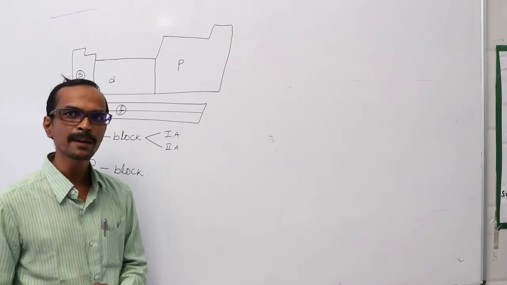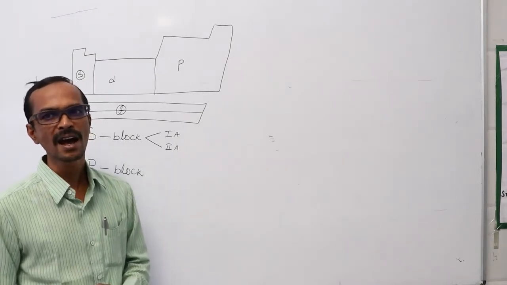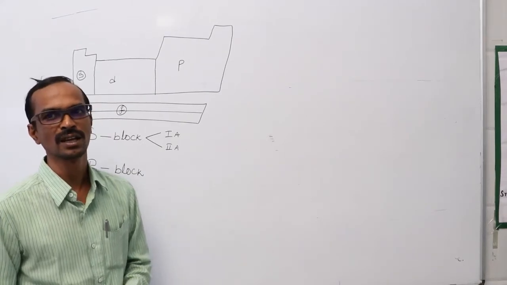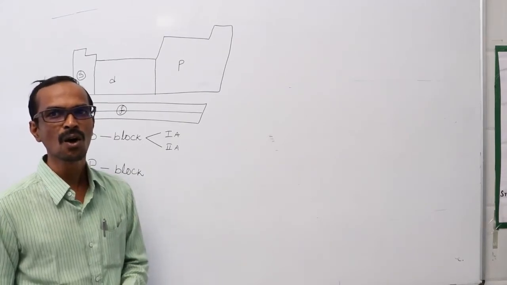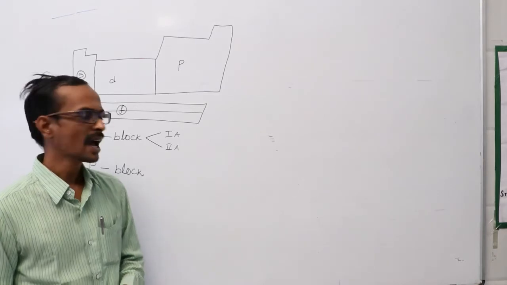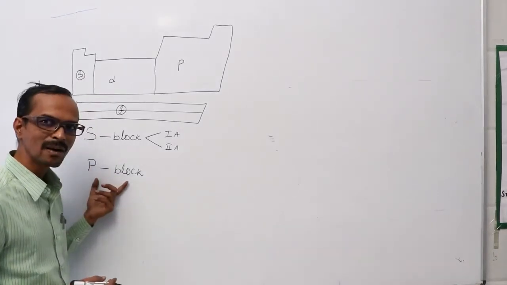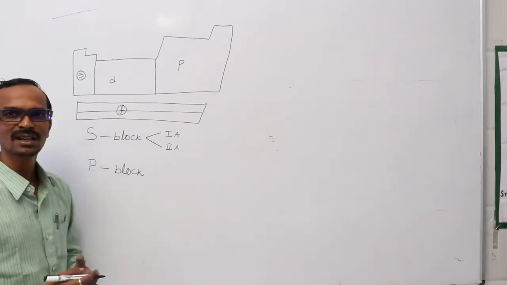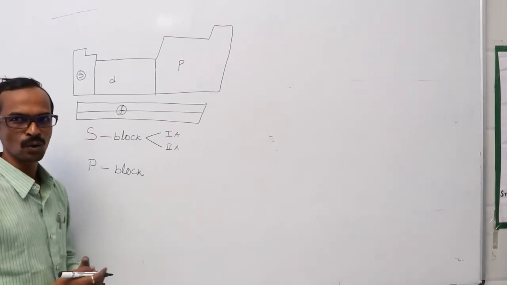So in the p block, how many groups are there? As a p orbital can accommodate 6 electrons, the P block has 6 different groups.